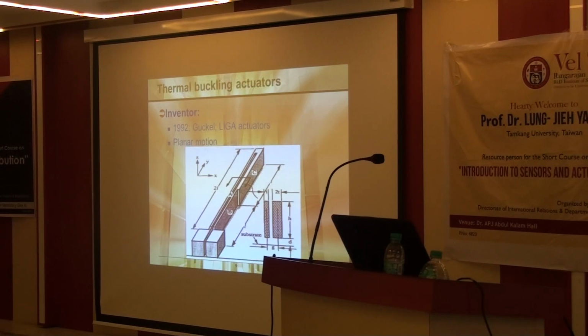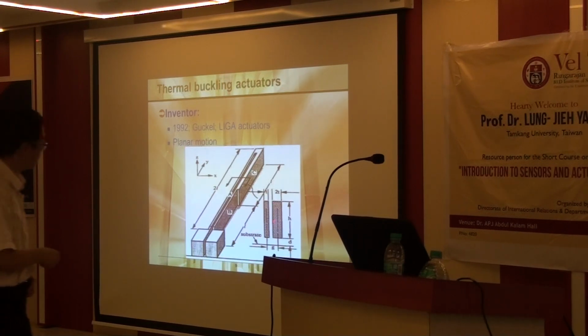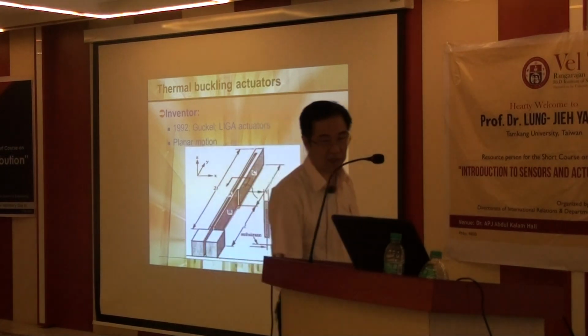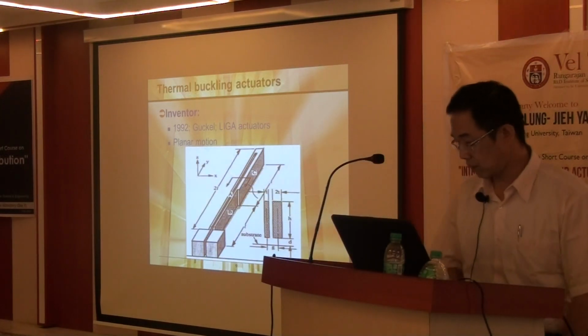No sticky on the substrate. You want to let it free way. So this is the first time we're doing about the thermal buckling actuator. Thermal buckling actuator. There is some device design parameter for your reference.